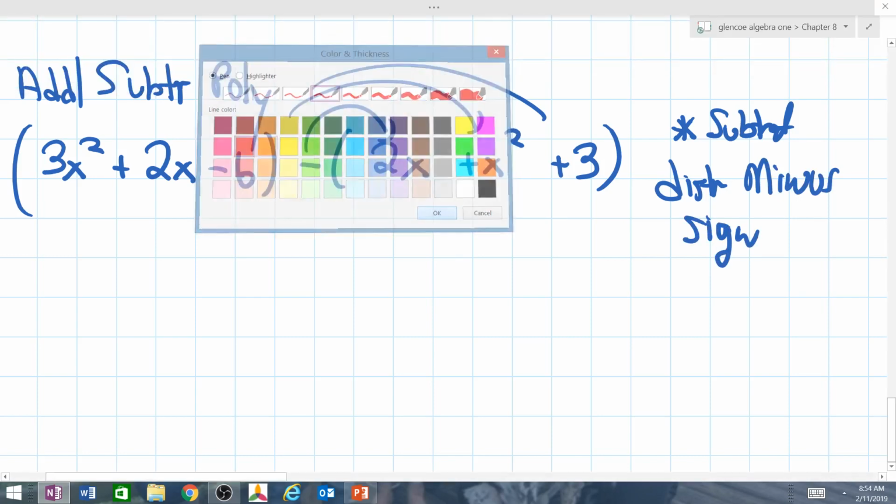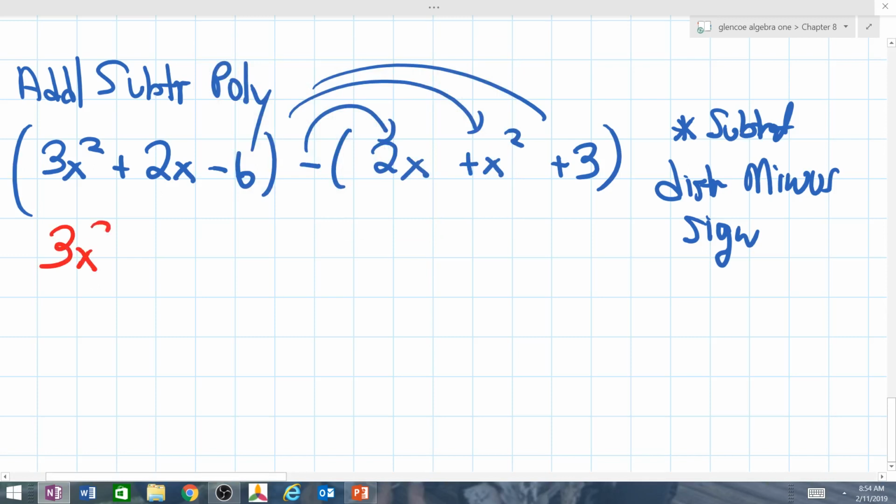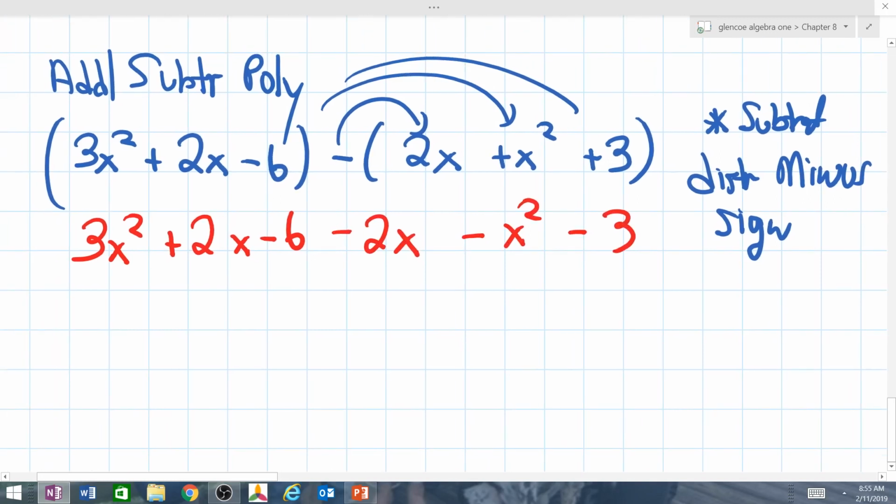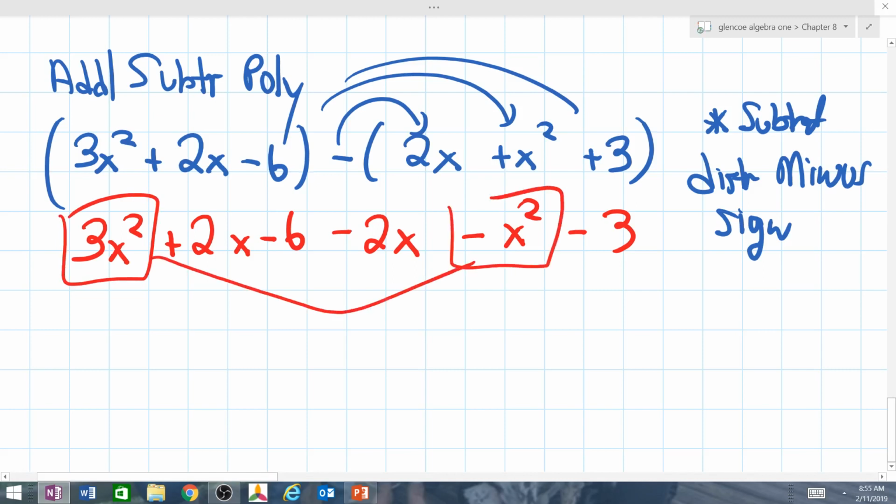So the next thing we would do is remove the parentheses from the first term, and now we're going to distribute. This would become a minus 2x, a minus x squared, and a minus 3. And now we're ready to find like terms. I have a 3x squared minus x squared, which gives me a 2x squared.